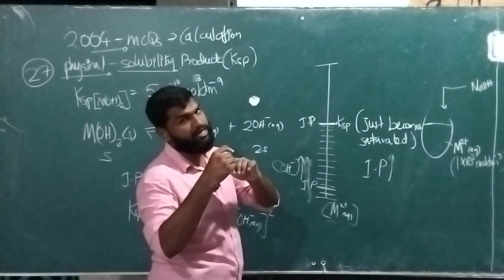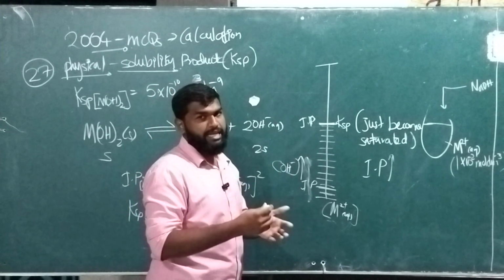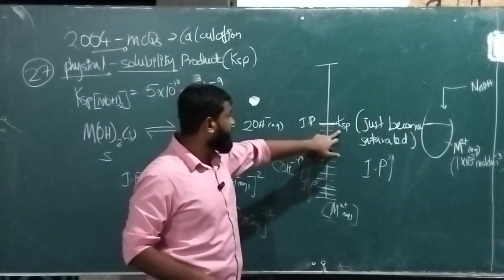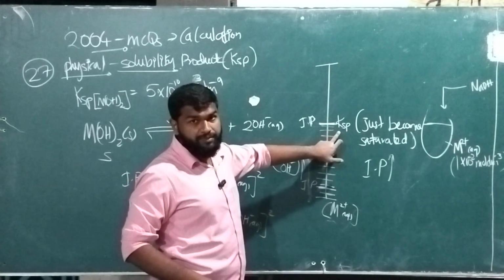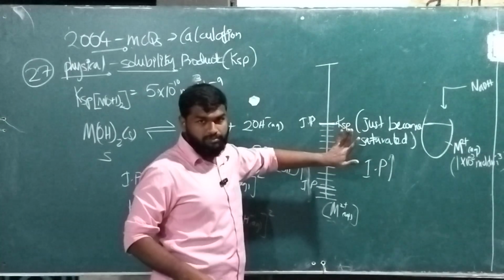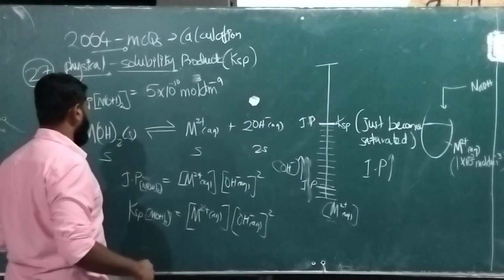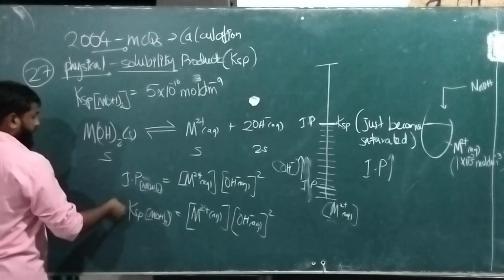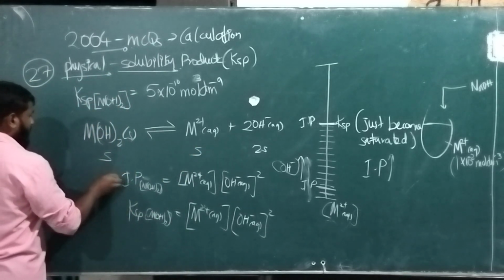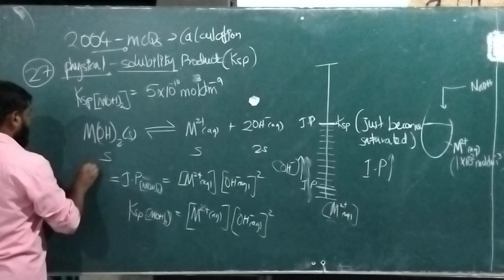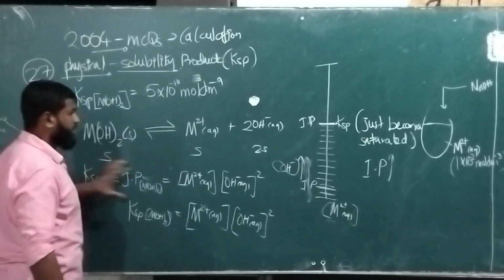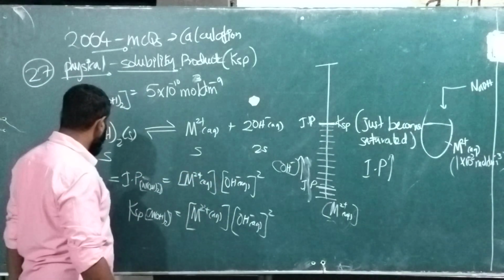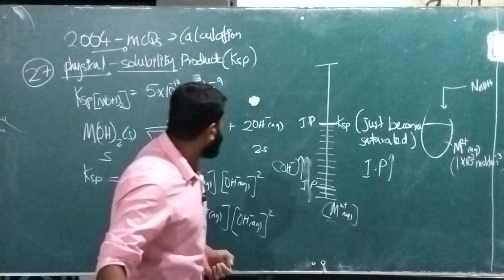That is the instance where ion product and Ksp are equal. At this instant, I will consider the Ksp of this substance to be equal to the ionic product. Understood?